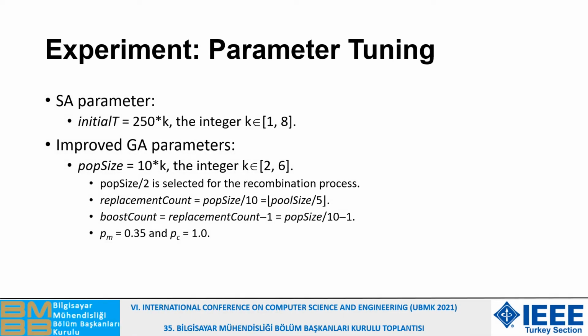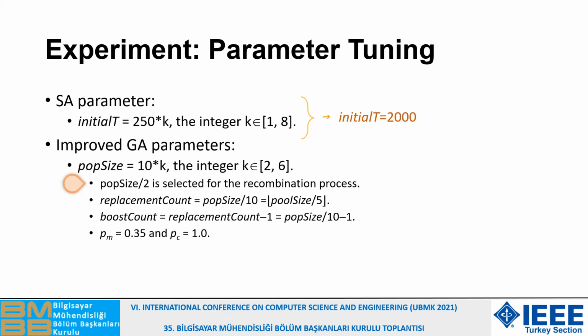In the parameter tuning phase of the SA, we saw that the average objective value was the minimum for 9 of the 10 problem instances when the initial temperature is 2000. When we come to the improved GA, after a trial and error process, we decided to reduce the number of parameters by defining some of them in terms of the others.